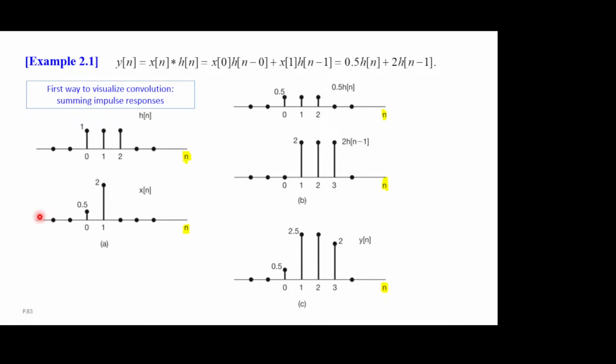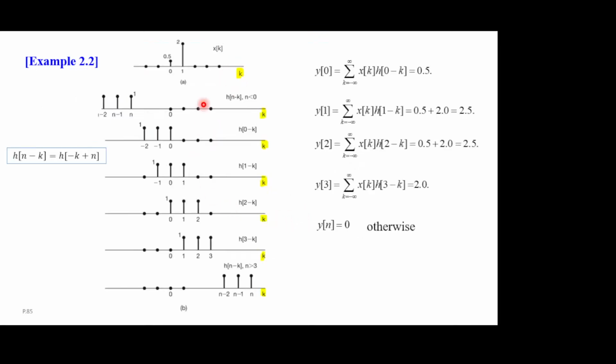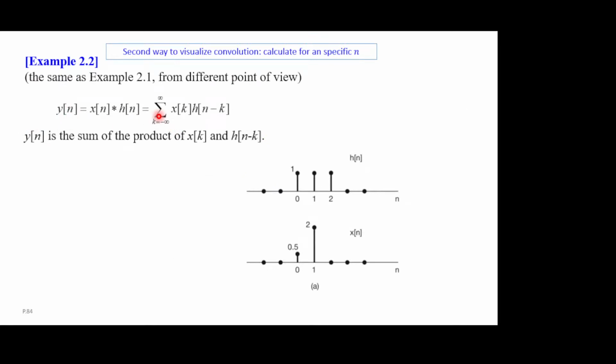The second way of visualizing this is to fix an n and plot things against k. Now that's where things get confusing, but it is quite useful to have a different visualization. Mathematically we have y of n equal to the summation over k of x of k h of n minus k.